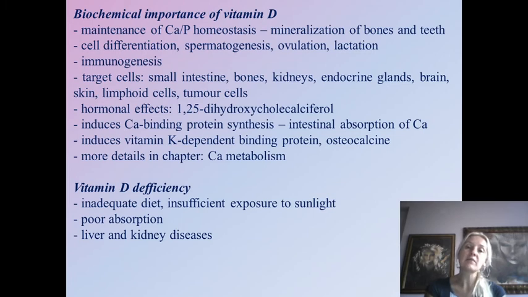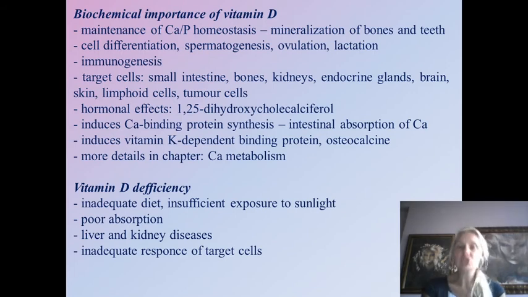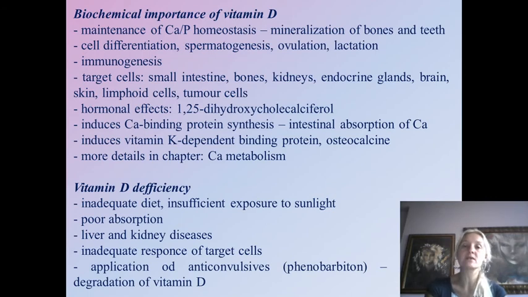Also, it can be the result of an inadequate response of target cells, and the application of certain medicines like anticonvulsives, like phenobarbital, which is found to increase the degradation of vitamin D, thus possibly leading to hypovitaminosis of vitamin D.